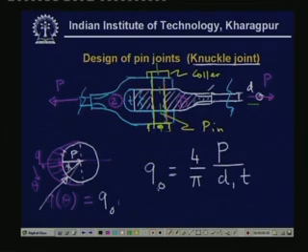This is again the maximum pressure, and it must be less than SC, the crushing strength of this material, since the material may be crushed. But these are very complicated assumptions. One simple assumption could be that q naught is a constant, and q theta is constant, again equal to q naught.